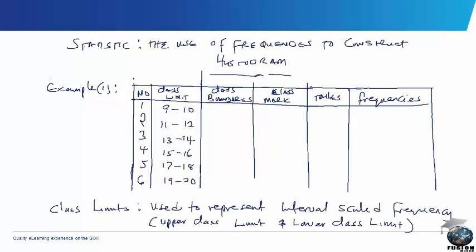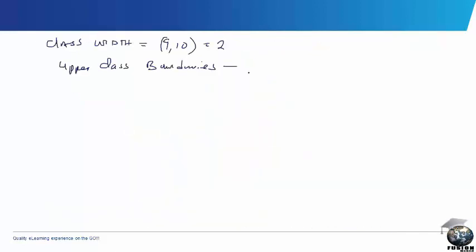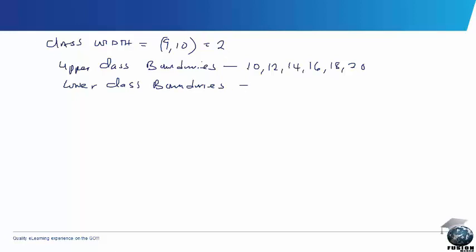They are 10, 12, 14, 16, 18, and 20. You already have them on the table, so I'm just trying to create distinction. The lower class boundaries are as follows: where you have 9, you have 11, you have 13, 15, 17, and 19.